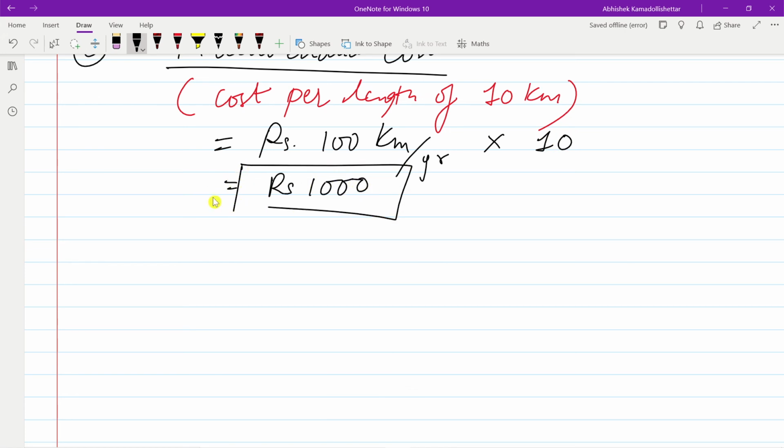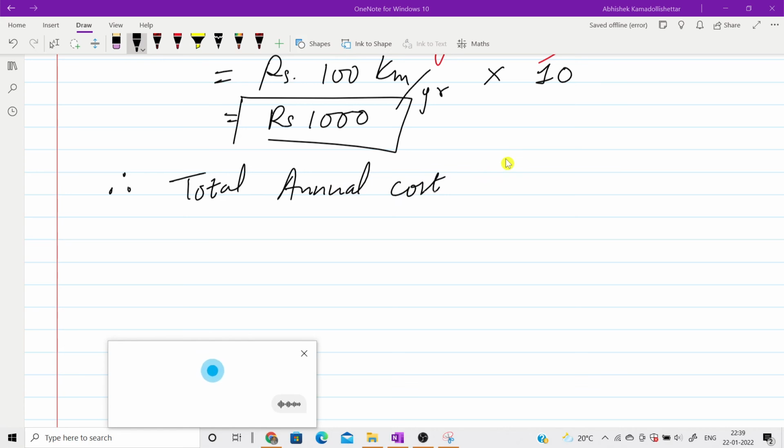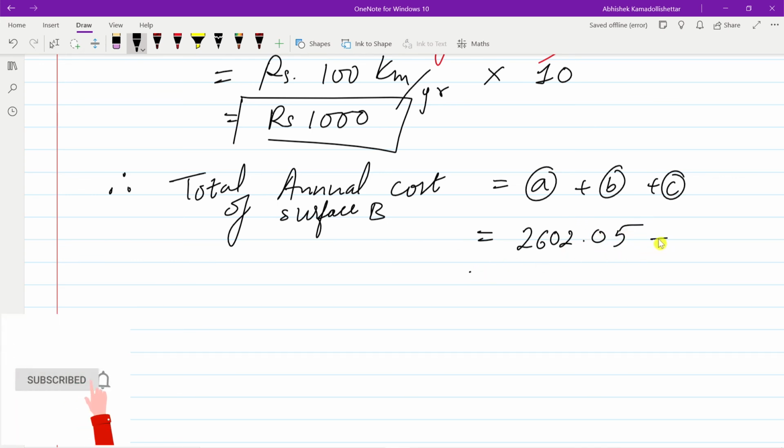All the three values, let's add them. Therefore the total annual cost of surface B is equal to A plus B plus C. Again the same thing here: 2602.057 plus 97,820 plus 1000.